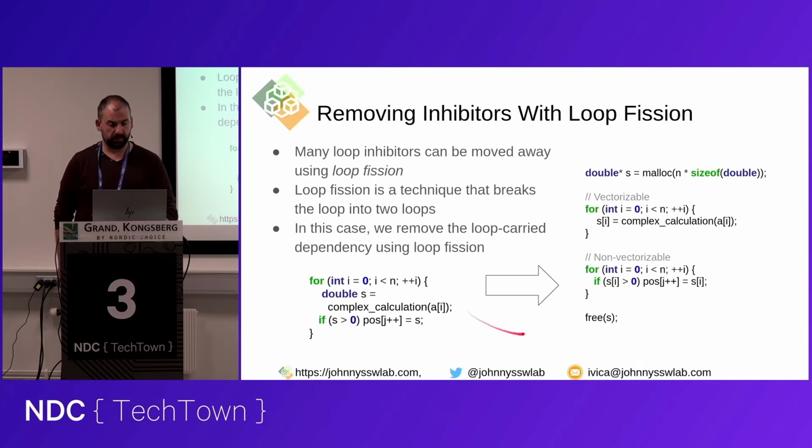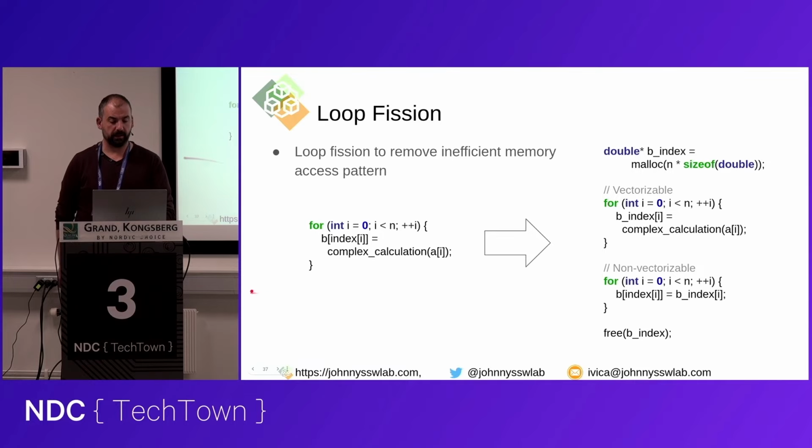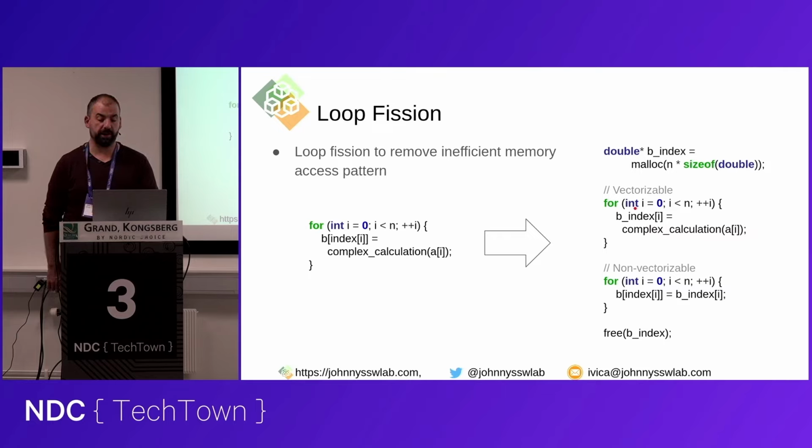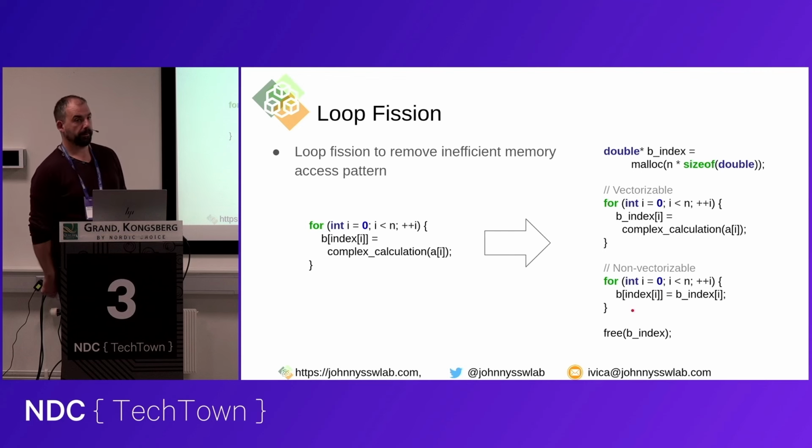Here I removed these loop carry dependencies, but you can remove other stuff as well. Like here I removed this random memory access. Instead of having random memory access, I'm writing the result of the complex calculation to a temporary array. And then here I load from the temporary array to B[index[i]], which is the random access.